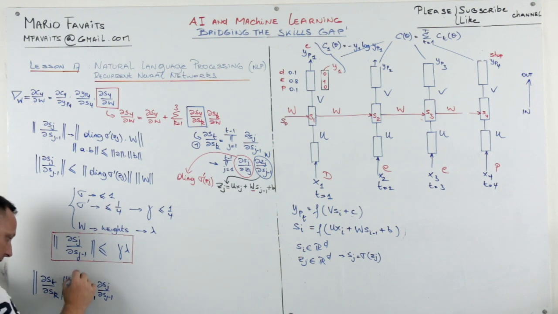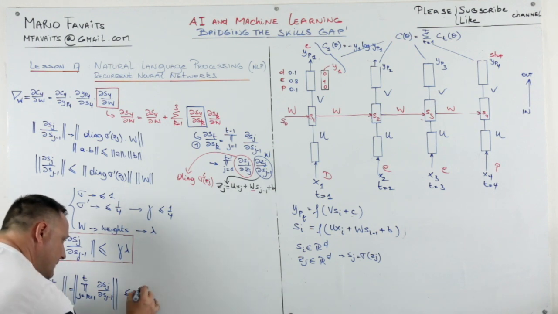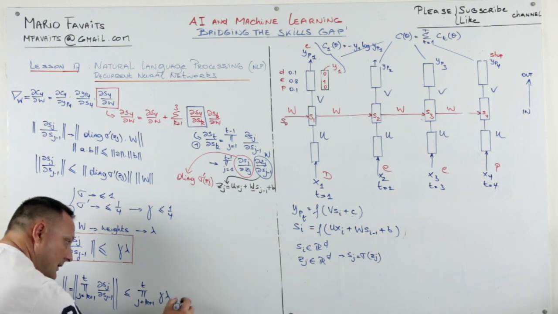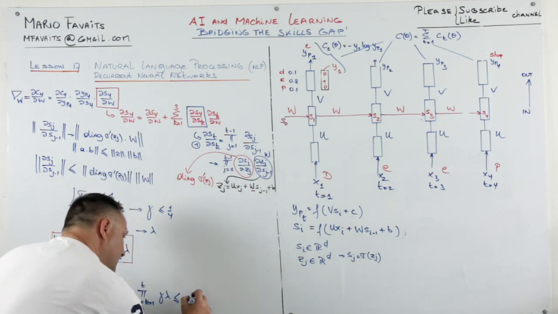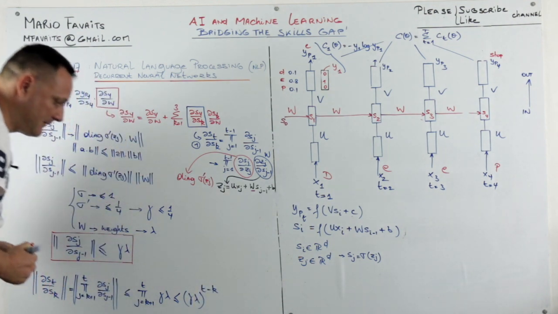So I take the magnitude of that, and that is smaller or equal than the product from j equals k+1 to t of gamma lambda, and this is then smaller or equal than gamma lambda to the power of t minus k.